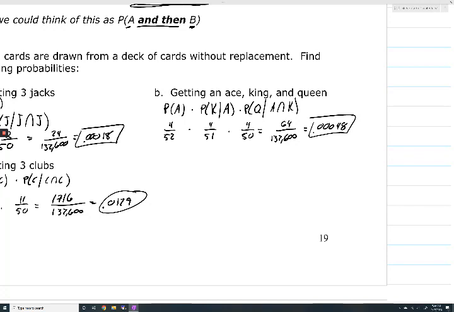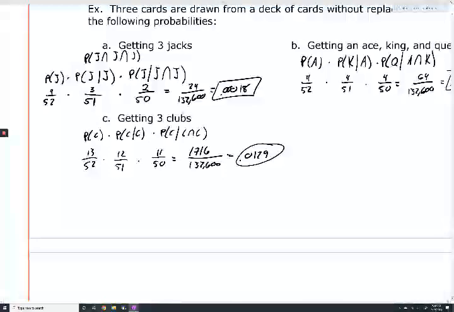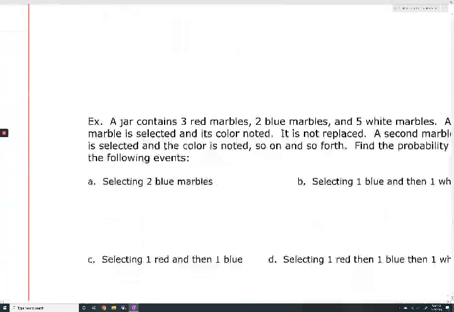So the numerator remained 4 the entire time. However, my denominator still decreased because I was still taking cards out of the deck. For C, again, same process, but this time the numerator was larger because there's 13 clubs as opposed to just 4 of one type of card. There's 13 cards in a suit, but other than that, same process.